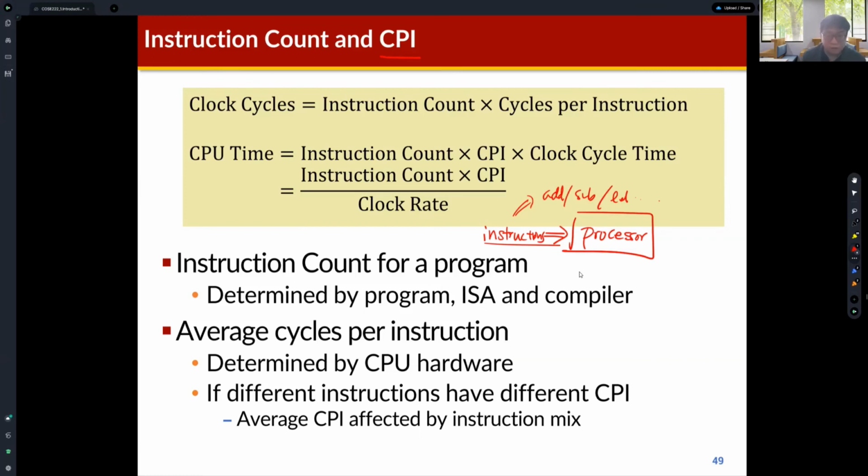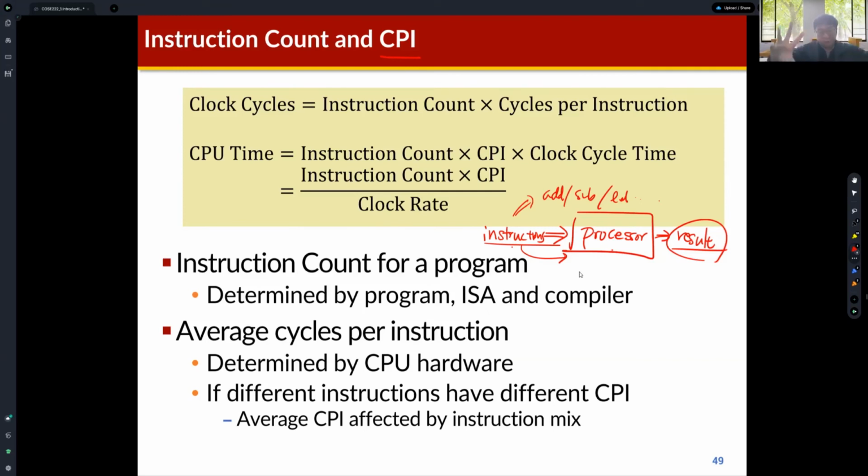So what is a processor? If an instruction is given to a processor, this processor generates a result defined by this instruction. So what does that mean? A computer processor executes multiple instructions one by one.